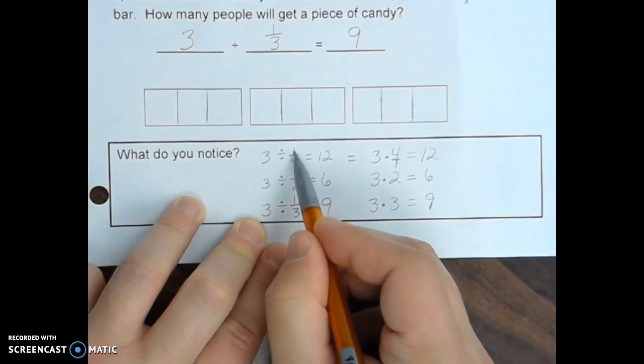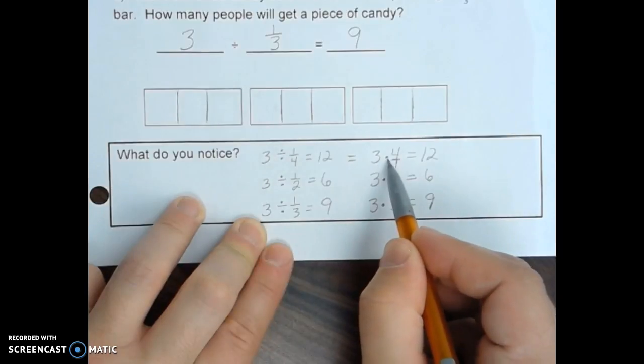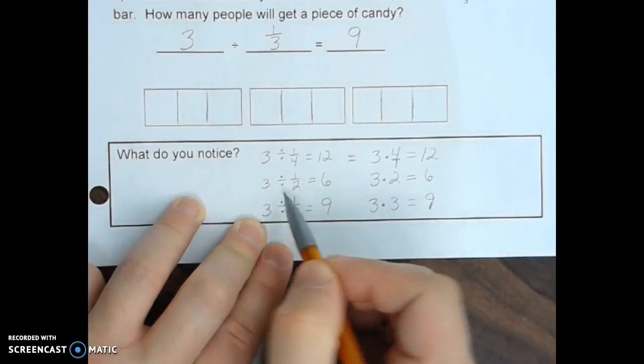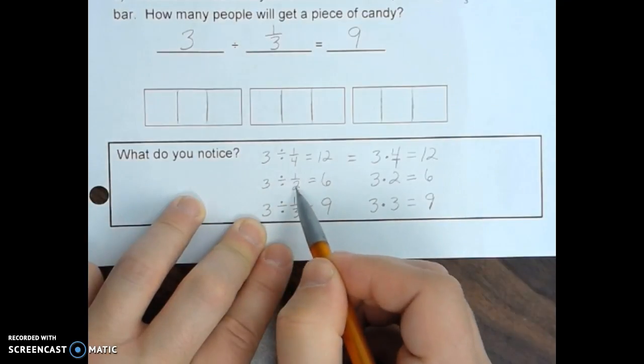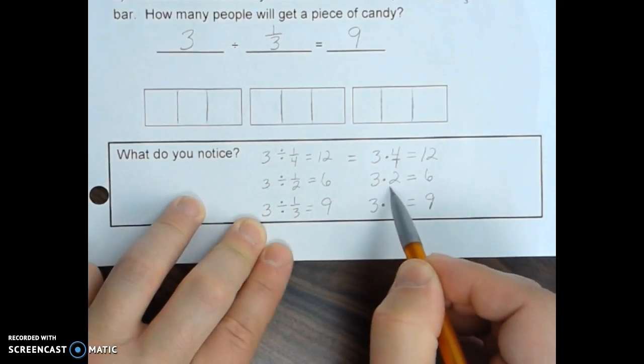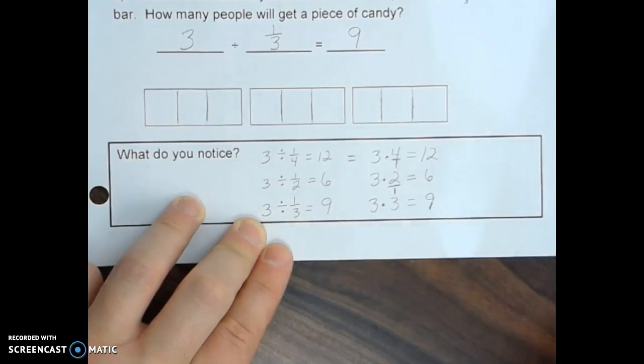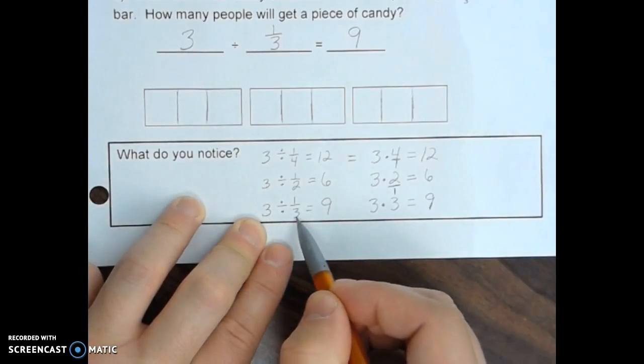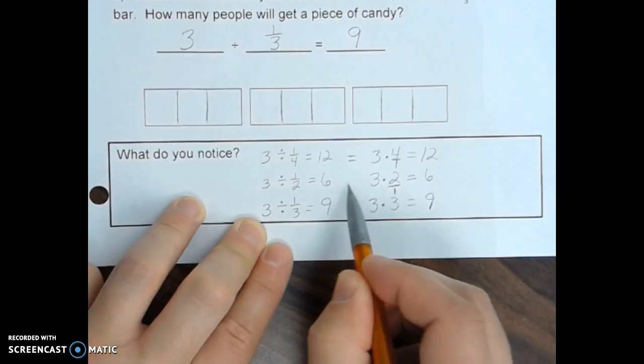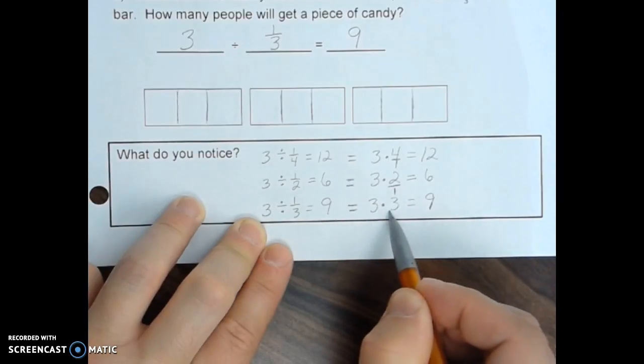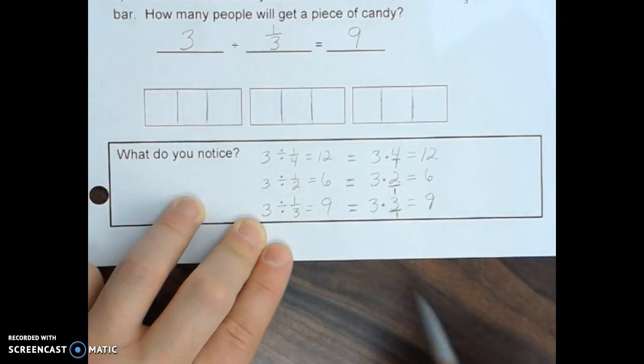So 3 divided by 1/4 is the same as 3 times 4 over 1. Same thing with this example. 3 divided by 1/2 is the same as 3 times 2, which is the same as 2 over 1. And 3 divided by 1/3 was the same answer as if we did 3 times 3, and again, I could put that 3 over a 1.